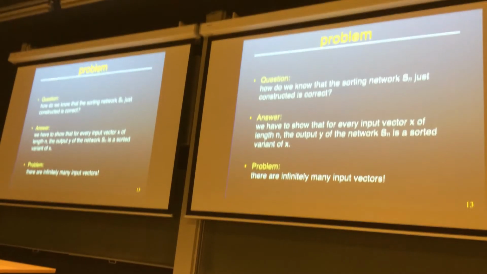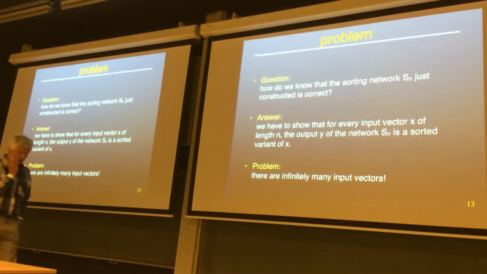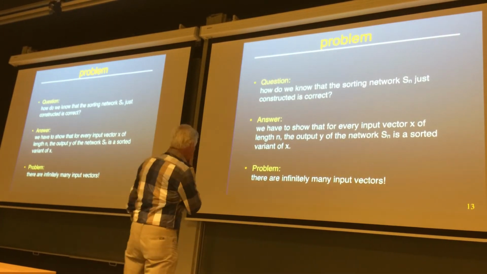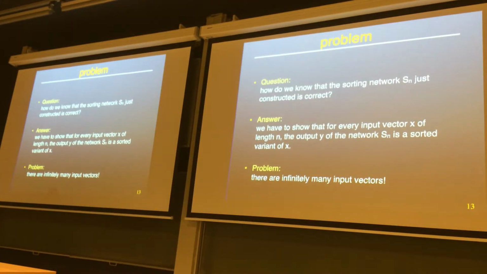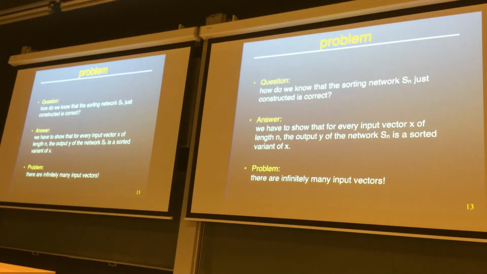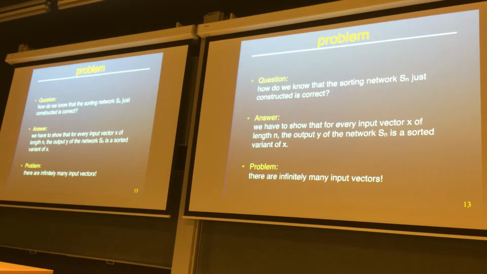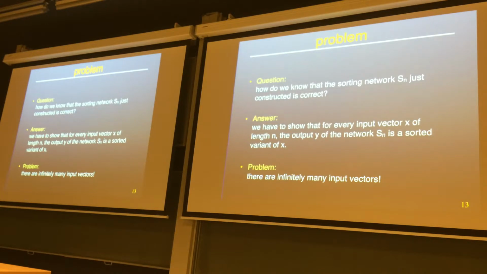Okay. Now we have an important problem. We can determine now the amount of hardware, and we can determine the speed, in principle, of our network. But how would we prove our network to be correct? And that could be a big problem. Because the answer to the simple question, how do we know that the sorting network S_n that we just constructed is correct, should be that we have to show that every input vector x of length n results in an output vector y that's a sorted variant of x.